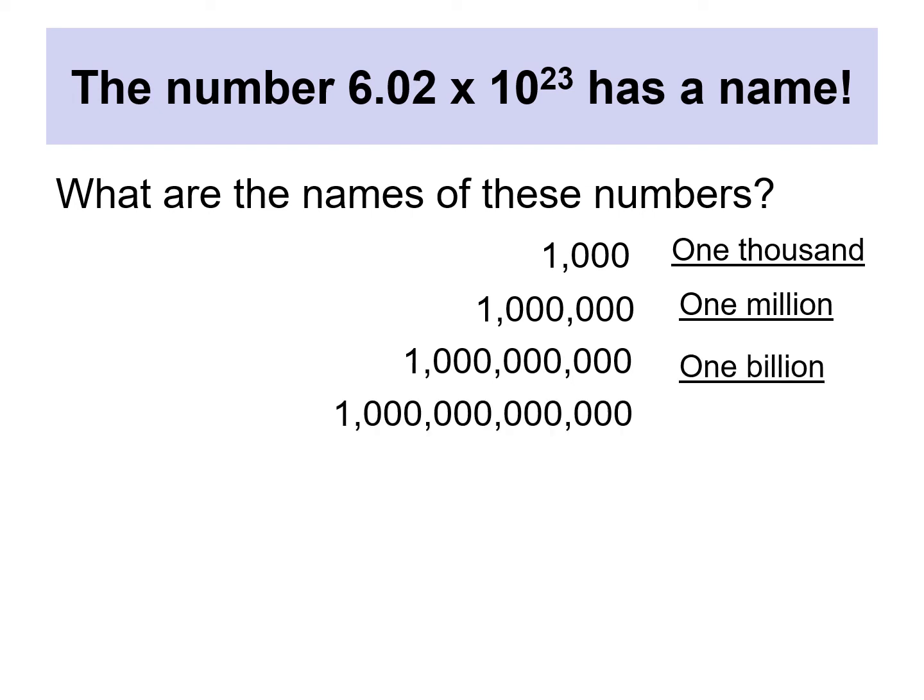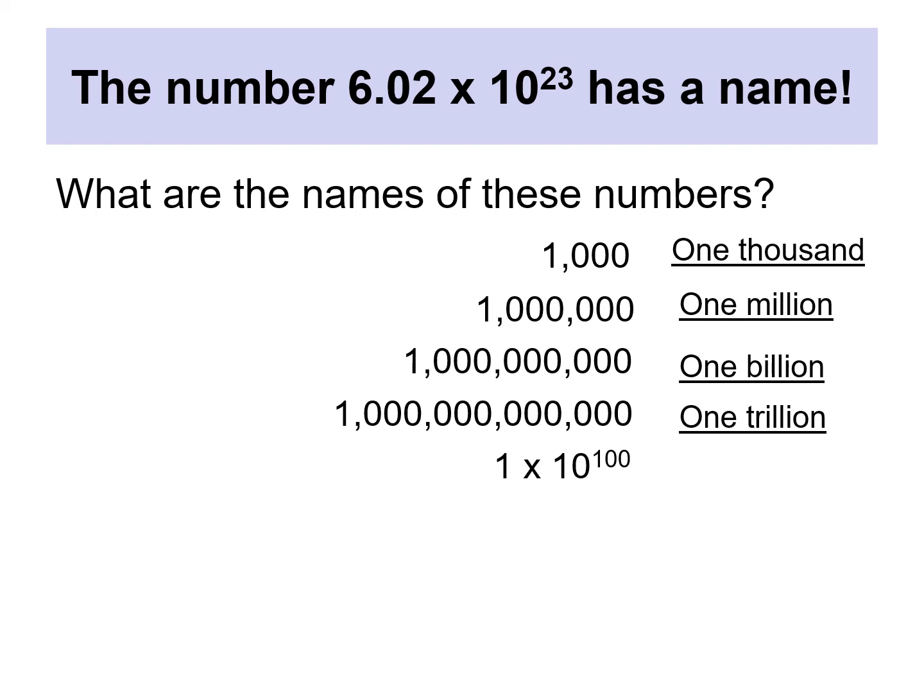And this is 1 trillion. Now, you no doubt learned those names back in elementary or middle school. What about this number? Look, 1 trillion has a 1 followed by 12 zeros. What if I had a 1 followed by 100 zeros? Does that have a name?